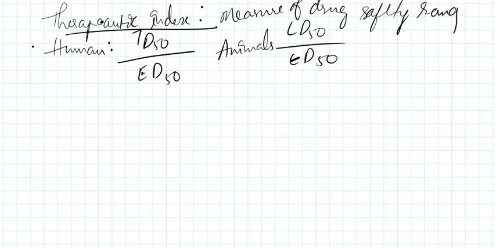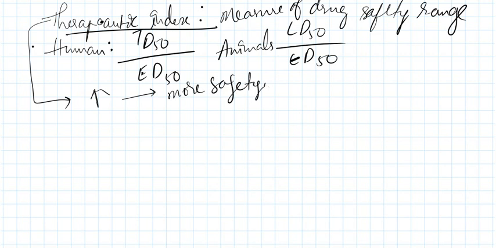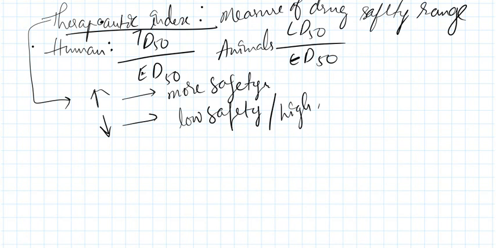My statement is very simple: the more the therapeutic index, the more the safety. Low therapeutic index, low safety, or high risk of side effects produced by the drug.